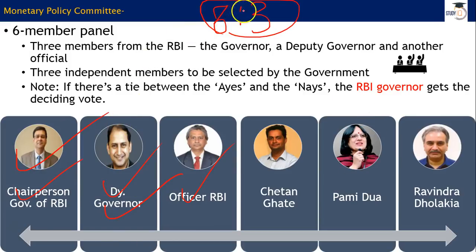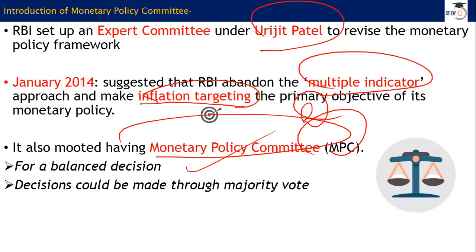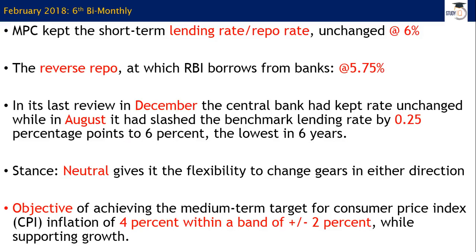So if you have this tie situation, 3 members saying that rate should go up, 3 members saying that rate should go down, then you have the final say of the RBI governor. If he says that it should go up, then it will go up. If he says that it will go down, then it will go down. Simple as that. So this is how this Monetary Policy Committee works, and this is the background of its inception and things like that.